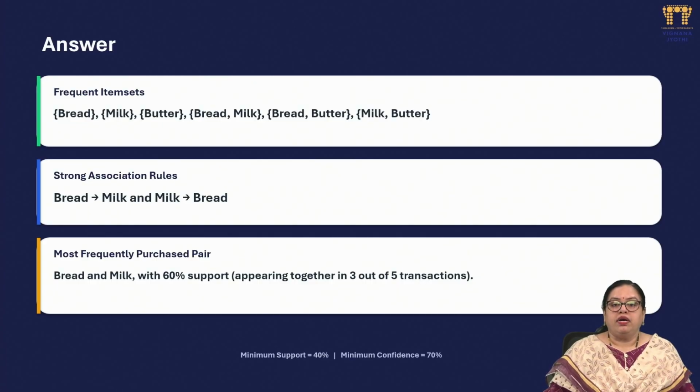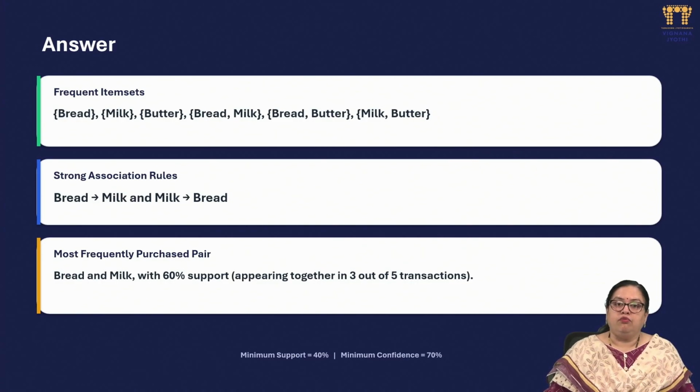Whichever is the maximum of L1, L2, L3, we get the strong rules from that, and we also give the most frequent purchase pairs from that. So that is all about the Apriori algorithm.